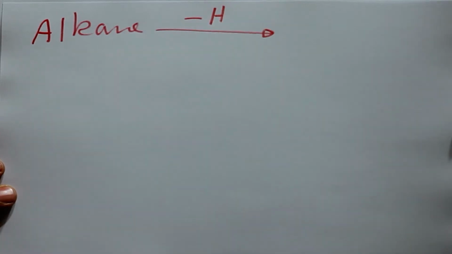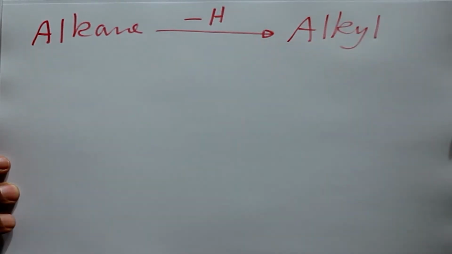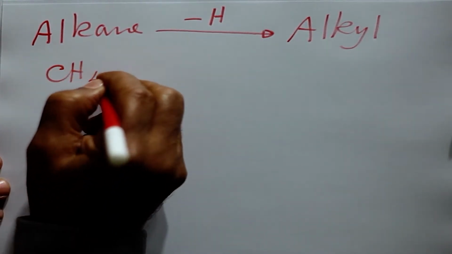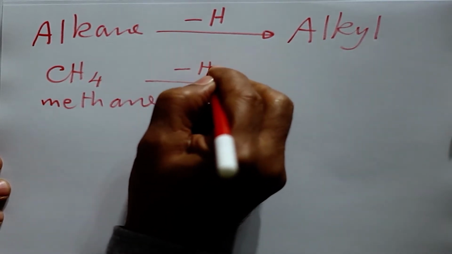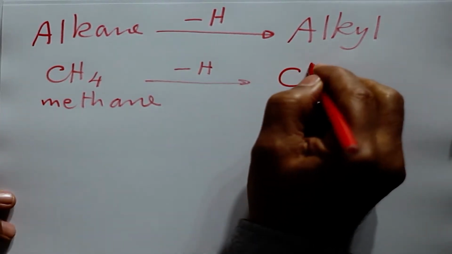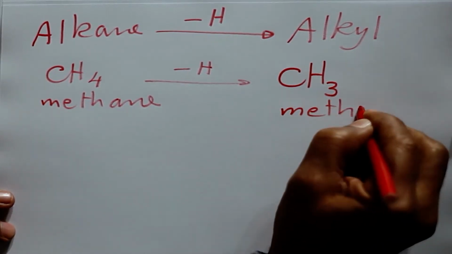We have an important part: when an alkane loses one of its hydrogen atoms, it changes into an alkyl. CH4, methane, when it loses a hydrogen, changes into CH3, called methyl.